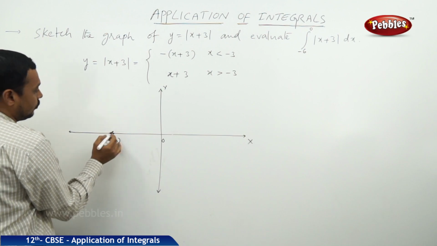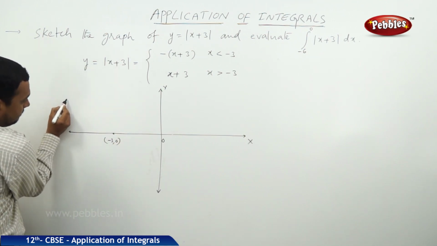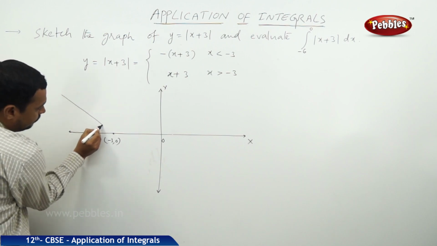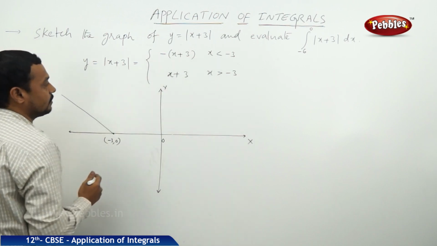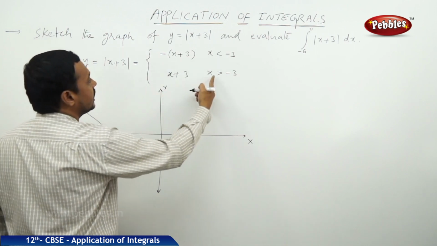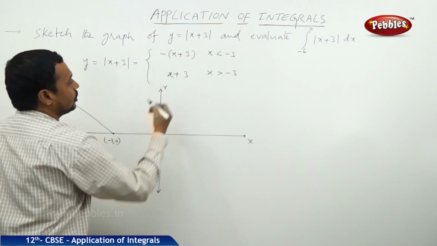So that may be the straight line like this. Now it is the straight line when x is less than minus 3. When x is greater than minus 3, after minus 3, now it is y is equal to x plus 3.